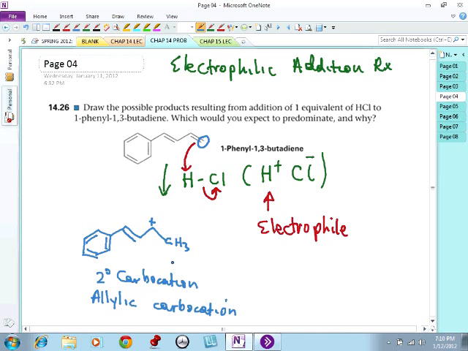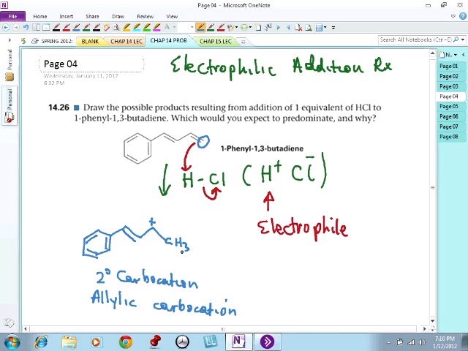An allylic carbocation is that positively charged carbon atom that is attached to a carbon-carbon double bond. So anytime you see a carbon-carbon double bond and a positively charged carbon next to it, then you say this is an allylic carbocation. Allylic carbocations are very stable. Okay? It is also a secondary carbocation.